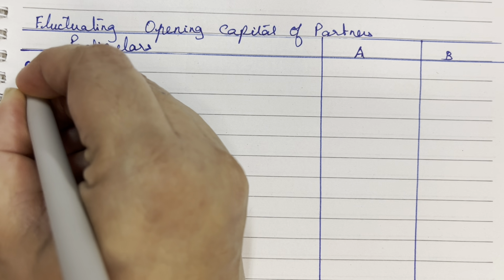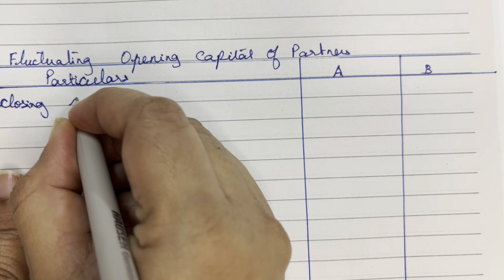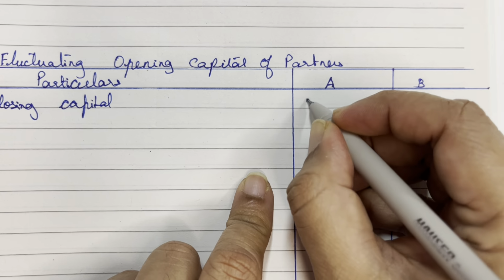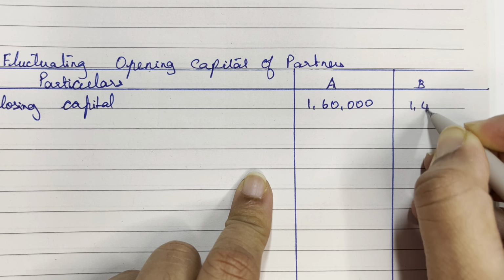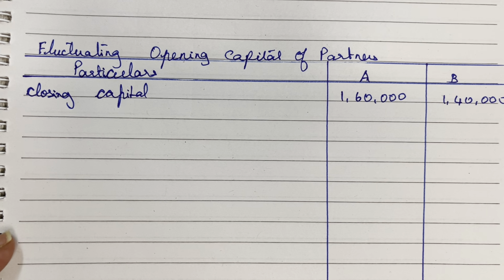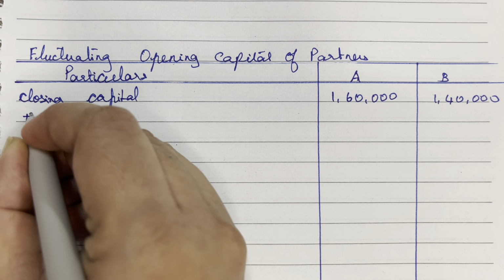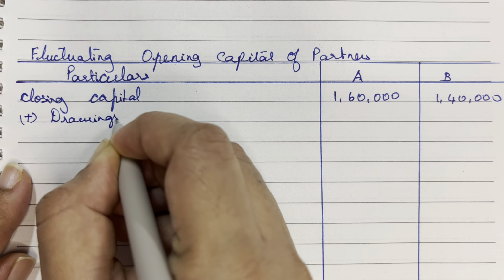First is our closing capital. Closing capital for A is 1,60,000 and for B it's 1,40,000. Okay, the next thing we have to do is add drawings.